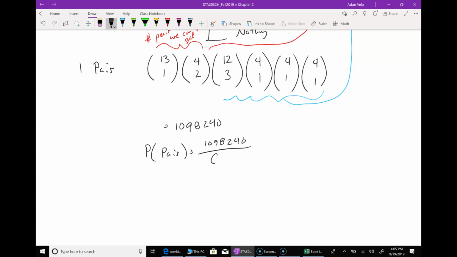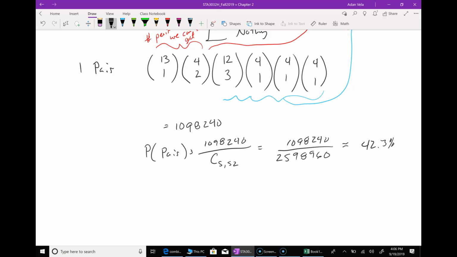In our case, that's just 52 choose 5, which is 2,598,960 different ways. So if we want to know what that probability is, it's about 42%.